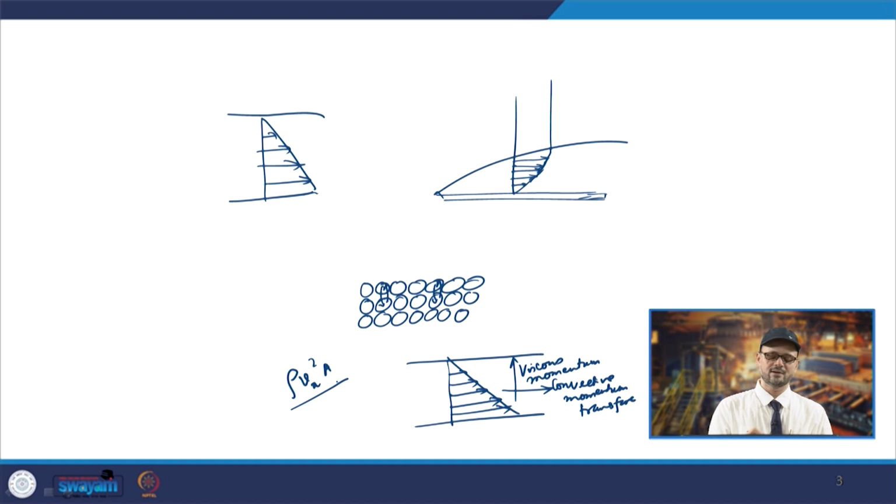That way we find the rate of convective momentum transport. Accordingly you can understand these properties. You can also study other fluid properties, like surface tension and other things, which will be used in our lectures to come.